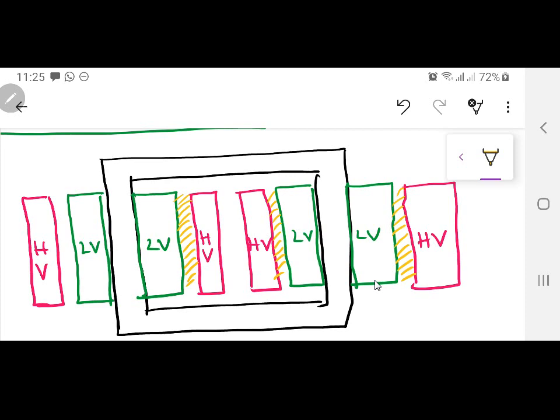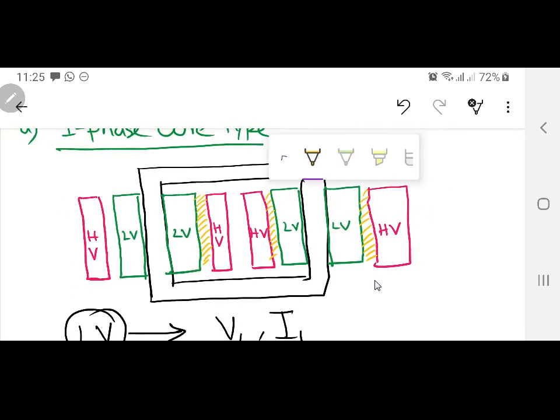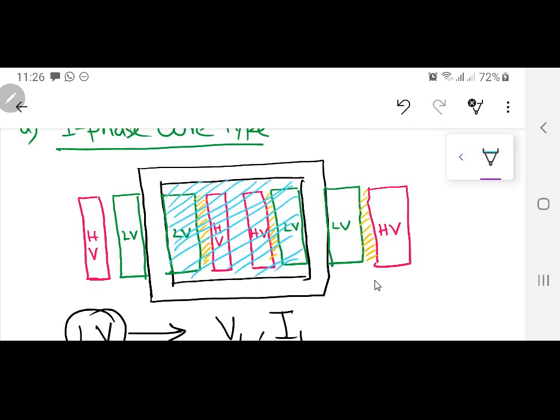So this KW factor is going to be giving you a value for this shaded region. This shaded region inside this single phase core type is called the area of the window, AW. Inside this AW, how much copper is used, divided by the AW area, is called the window space factor. Now what is the window space factor?